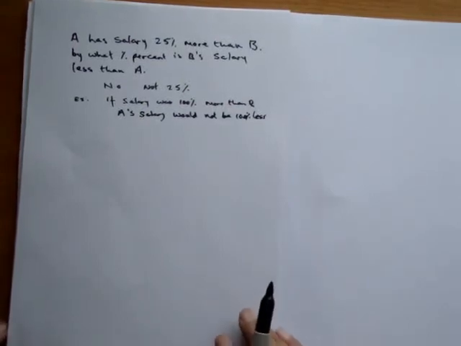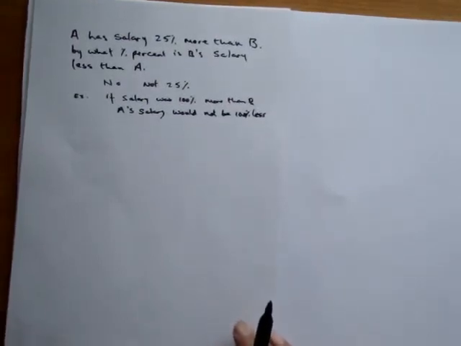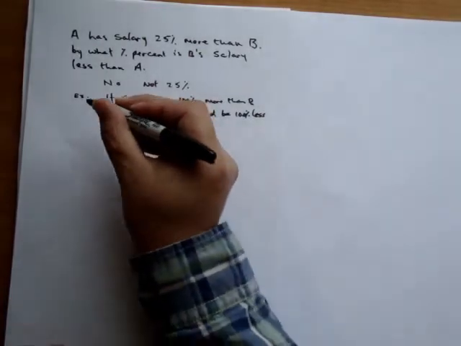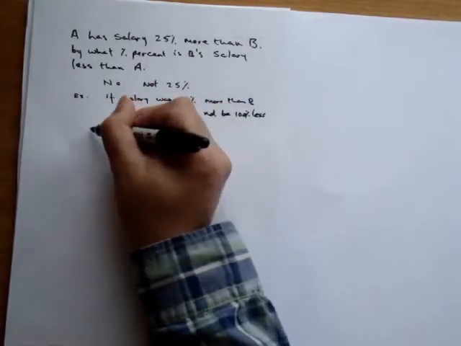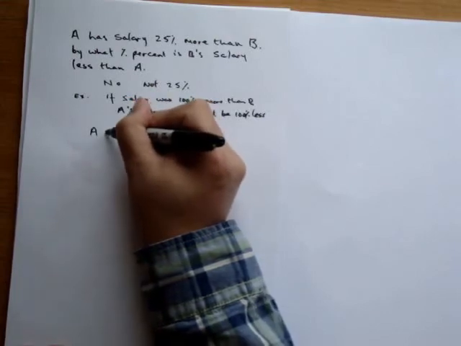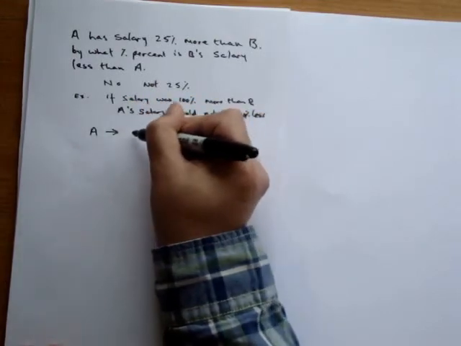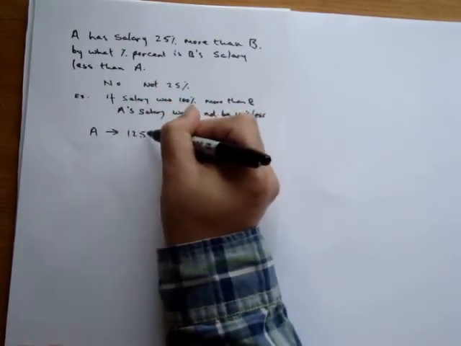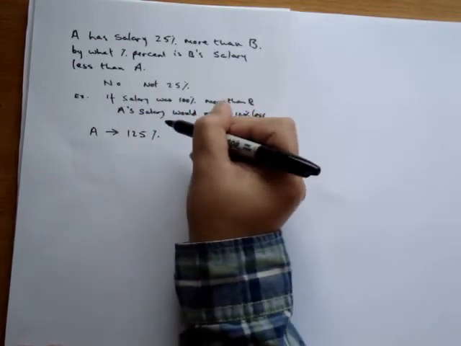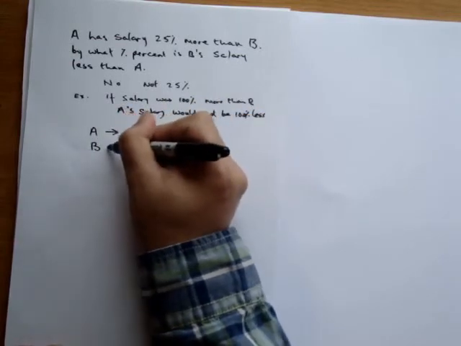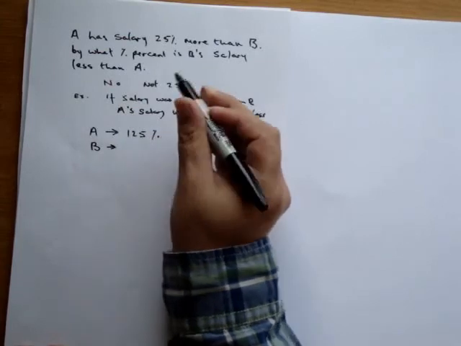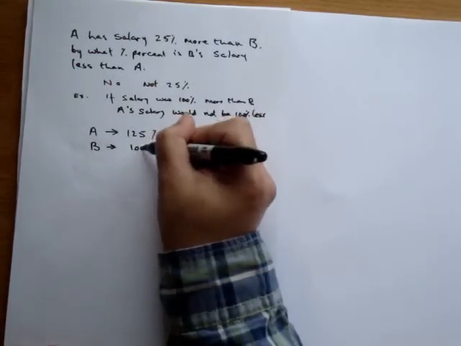Okay, so how do we do this? Well, first of all, we say that A is 125% and B is 100%.